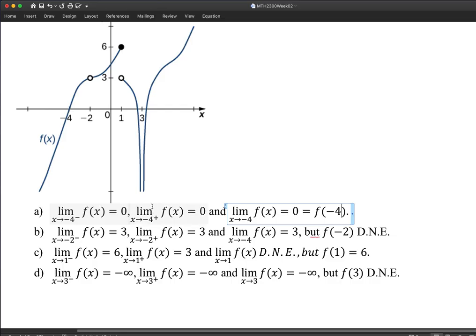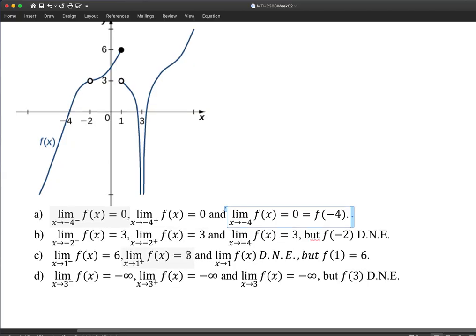So it is approaching negative infinity too. Even though infinity is not a limit at all, overall the pattern is consistent. So we still say the limit of this function as x approaches 3 is negative infinity. Clearly, there is no function value at x equals 3. So I say that f(3) does not exist.